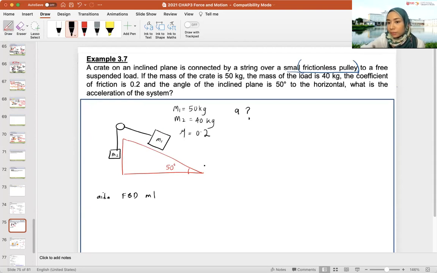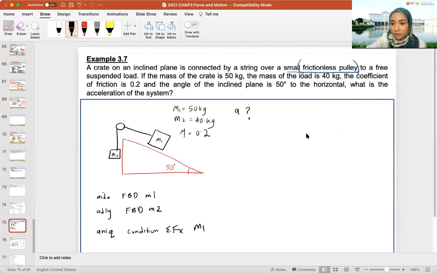And then I want Adli free body diagram of M2. Okay, and then saya nak condition. Condition saya nak Anik. Anik buat condition net in the FX, and then arti FX untuk M1.